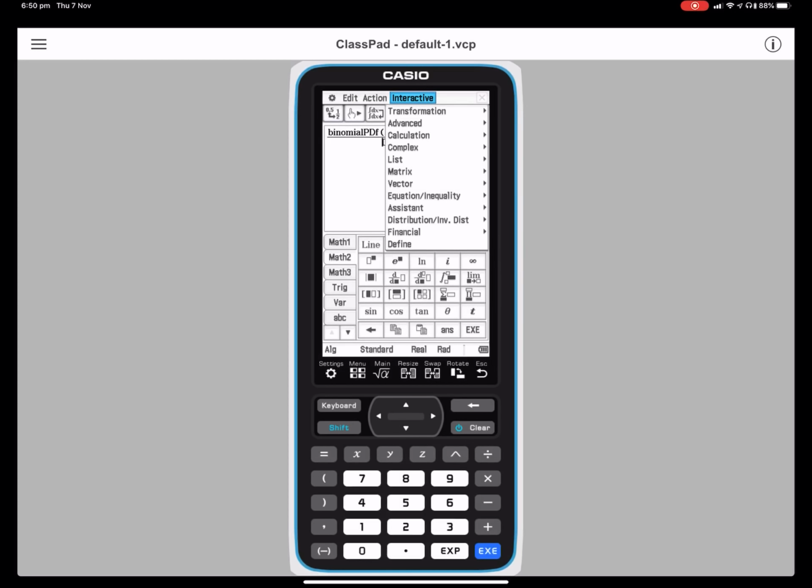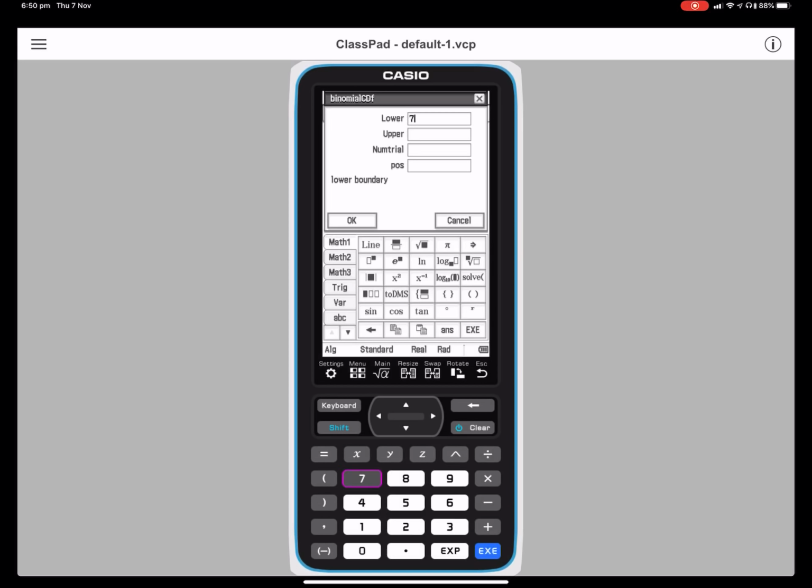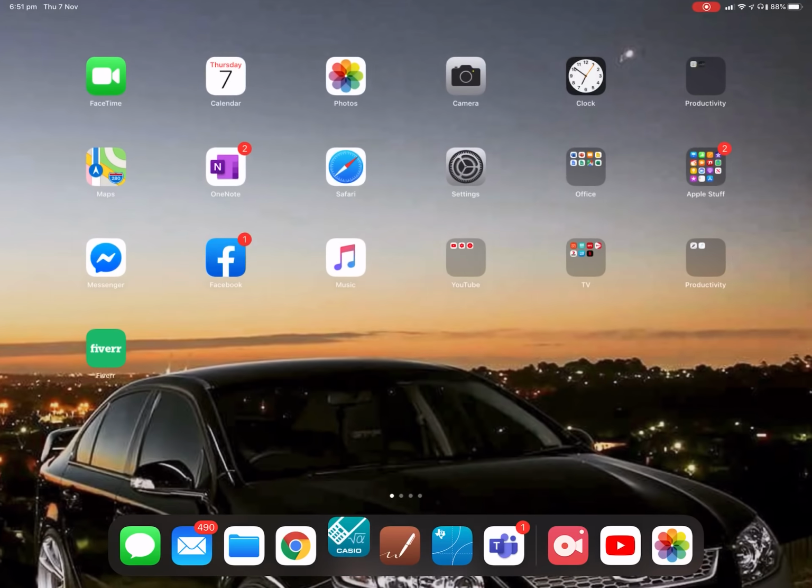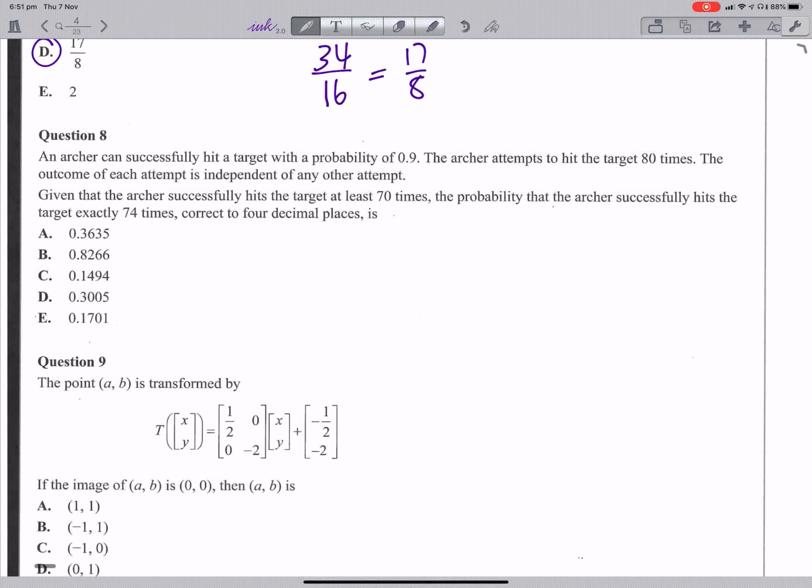And then greater than or equal to 70: distribution, discrete, binom CDF, 70, 80, 80, 0.9. Now, at least 70 times, so 70 or more, 0.1494. So it's the probability that x equals 74, given x is greater than or equal to 70.